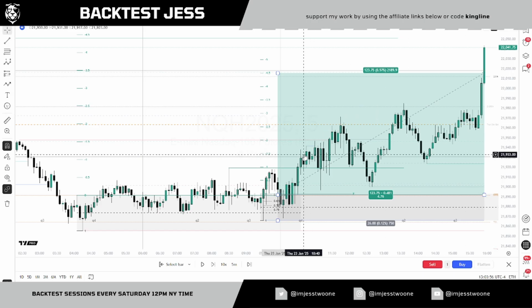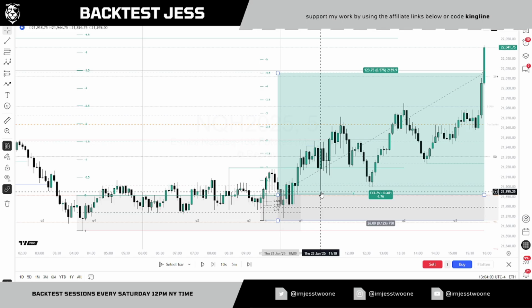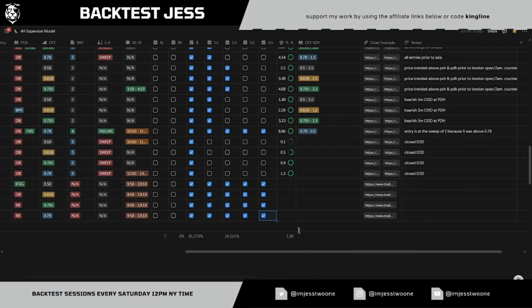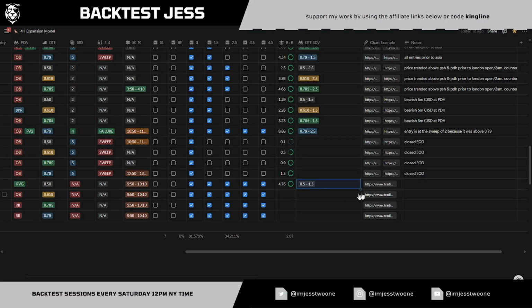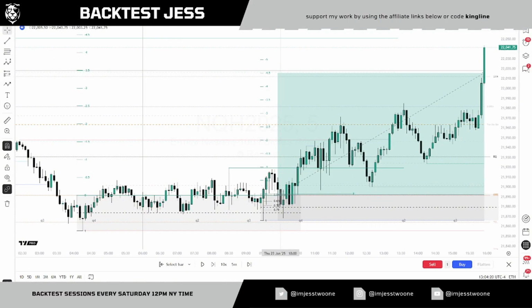I'm gonna do 1.5 for this one, like a straight shot without any deep retracements. Yeah, I'm going with that route. 4.76. 0.5 to 1.5. And I forgot to take a screenshot.